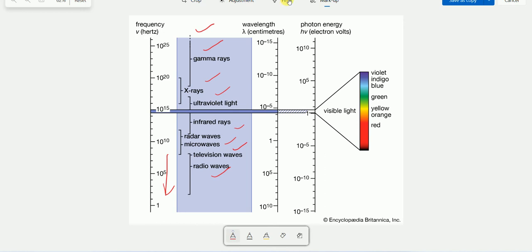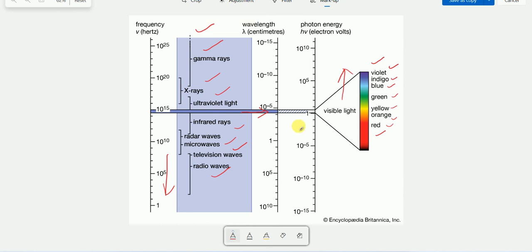In between these two we have the visible portion, and in the visible portion also, we have 7 colors. You know that we have violet, indigo, blue, green, yellow, orange, and red. Within the visible portion, the violet ray has the shortest wavelength, whereas the red light has the longest wavelength. That means the wavelength becomes shorter on this side.